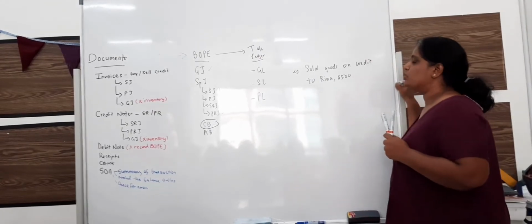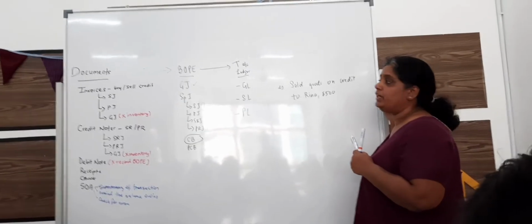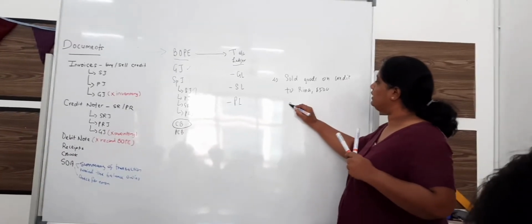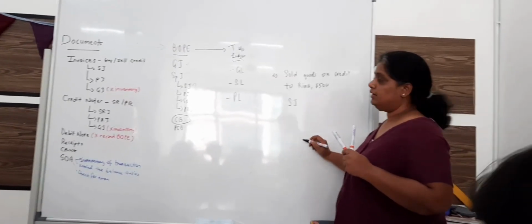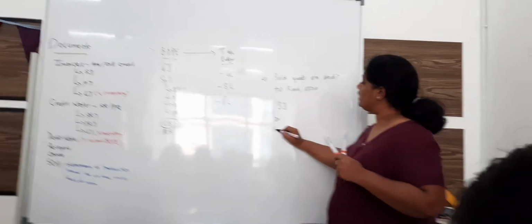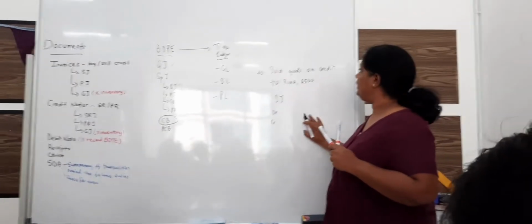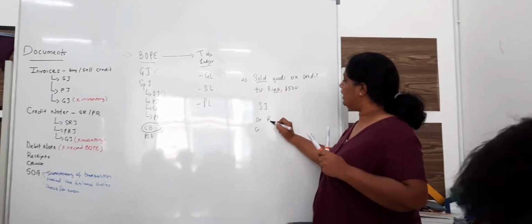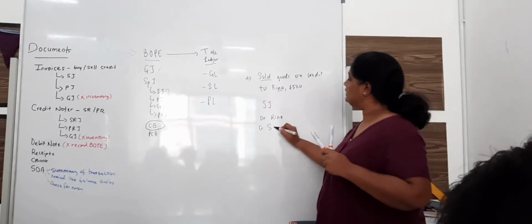Alright. So what is this? This is a sale, right? What is your BOPE? Which one will you use? We will use the sales journal. Now, which account is debited? Which account is credited? Debit Rina. Credit Sales.